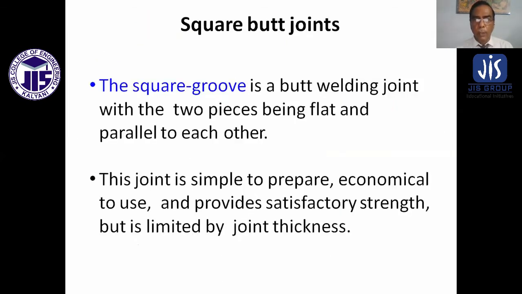So, square butt joints. A square groove is a butt welding joint with the two pieces being flat and parallel to each other. This joint is simple to prepare, economical to use, and provides satisfactory strength, but is limited in joint thickness.